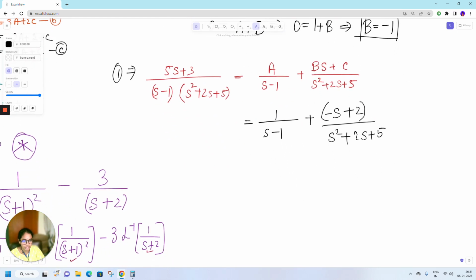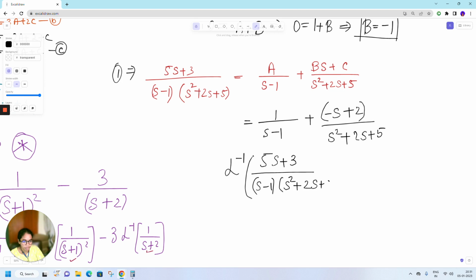Let me write down one step. Laplace inverse of 5s plus 3 divided by s minus 1 into s square plus 2s plus 5.